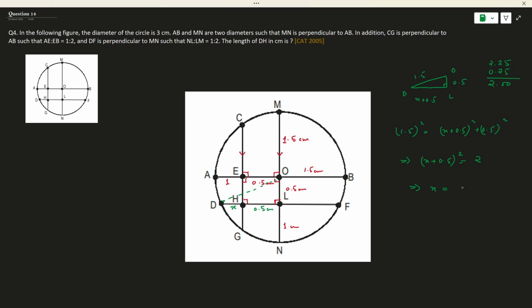X is equal to root 2 minus 0.5 centimeters, or you can say X is equal to (root 2 minus 1) by 2. If you further simplify, you will get X is equal to (2 root 2 minus 1) by 2 centimeters. This is the correct answer.